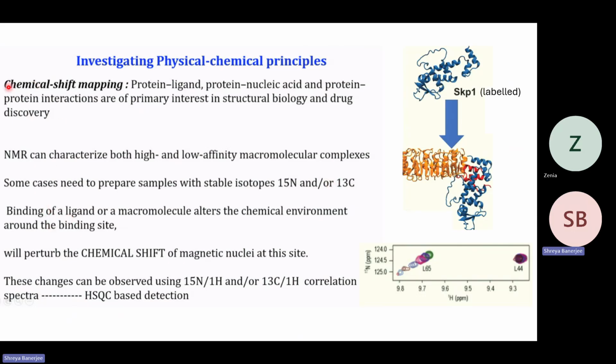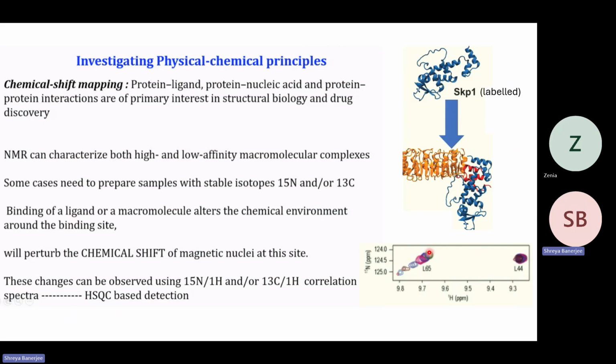Now, what is chemical shift mapping? Binding of a ligand or macromolecule like nucleic acid or protein will alter the chemical environment around the binding site. So if this is the free protein, when it is binding to another protein, at this binding site shown in red, the configuration will change, the chemical environment will change. This will perturb the chemical shift of the nuclei at this site.